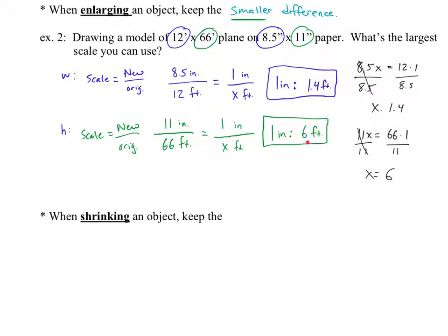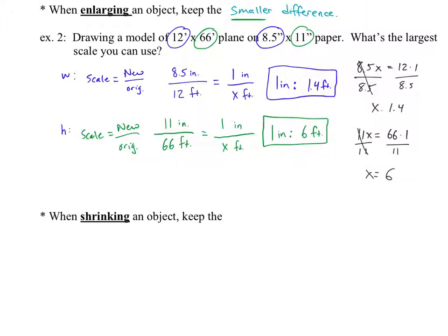This here is going to be a bigger amount of shrinking. My 1 inch, instead of just being 1.4 feet, is going to be 6 feet. So I need to shrink this one a lot more than the other one to make it fit on the page. So if I were to keep this ratio, it's not going to shrink it nearly as much as this. So then my 66-foot plane is going to hang way off the paper.